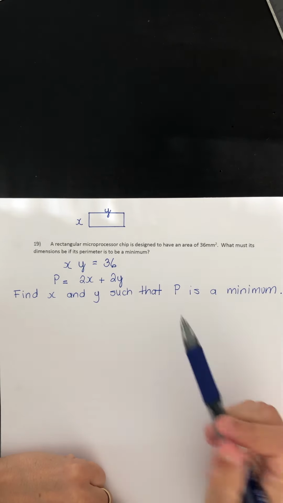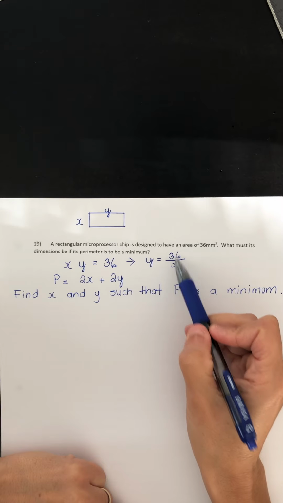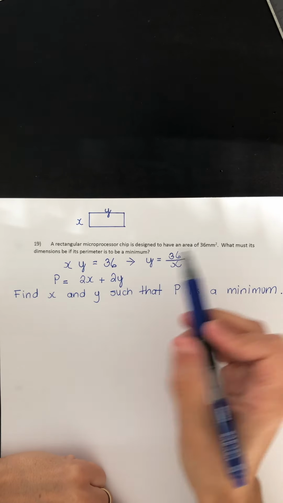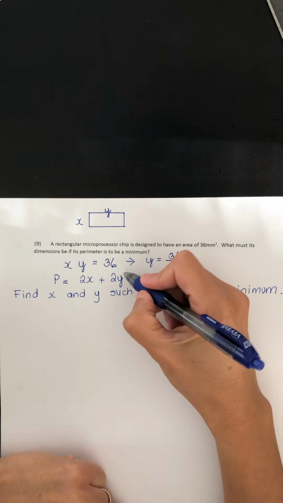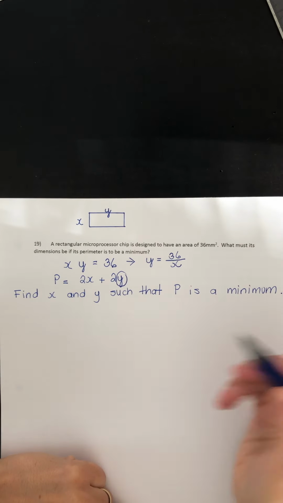So what we're actually going to do is eliminate one of these variables. And we can do that because we know that the product of the two variables is 36. So for example, from this top equation here, I can write that Y is 36 divided by X. And I can now substitute 36 divided by X right here for Y in the perimeter equation.